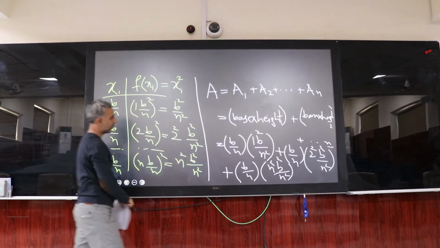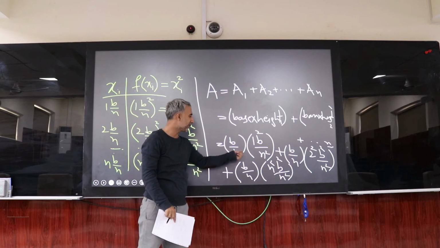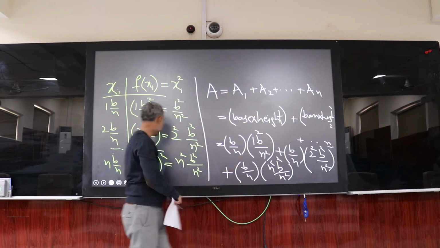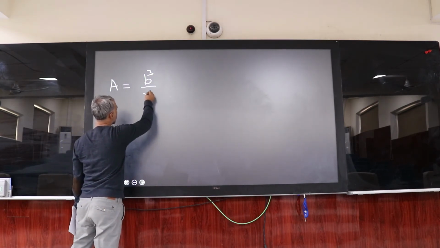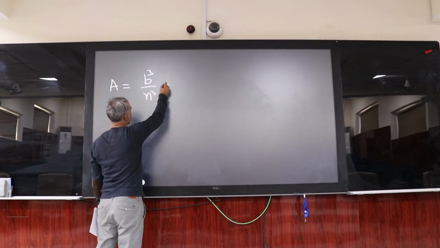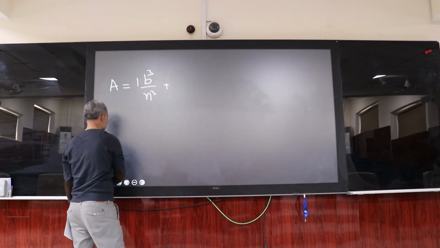Multiplying with this, for the first one it will become b cube over n cube. You can write the 1 as it is, or even not write it, that's not a big issue.